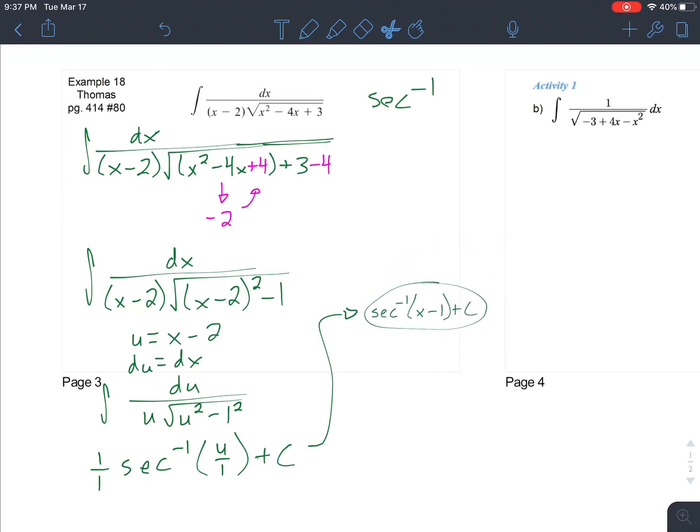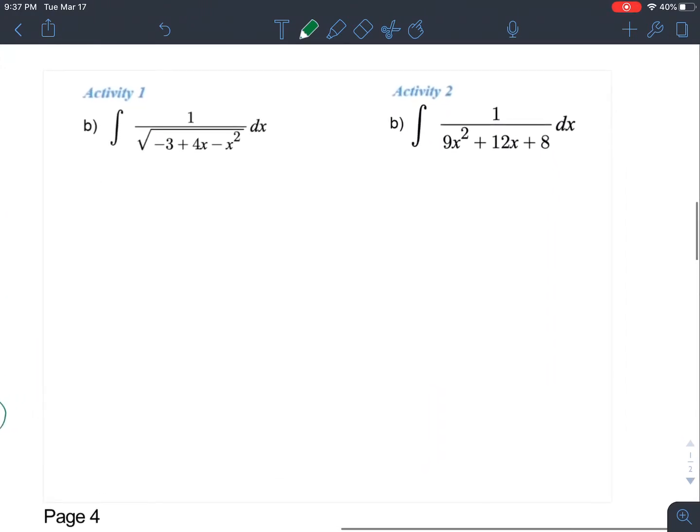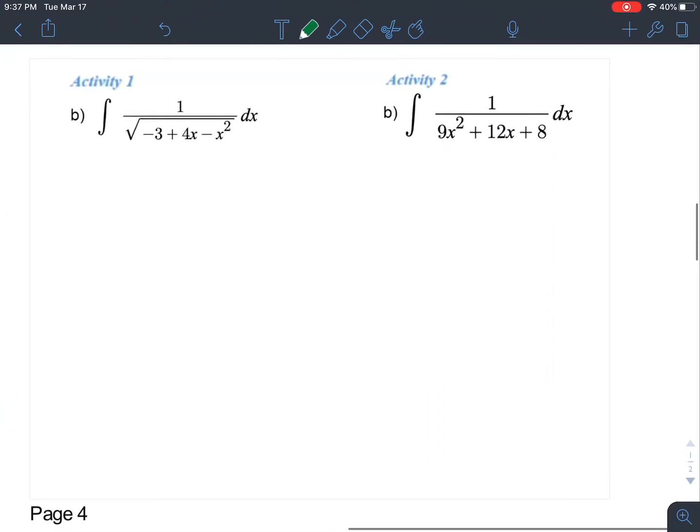All right. So now that we've got that, I want you to try these two questions here. Both of them are going to involve completing the square. The first one, part B, I am going to point out that's going to be a little tricky. My hint for you is you need to factor the negative out first, then you complete the square, and then finally you're going to have to distribute the negative back in.